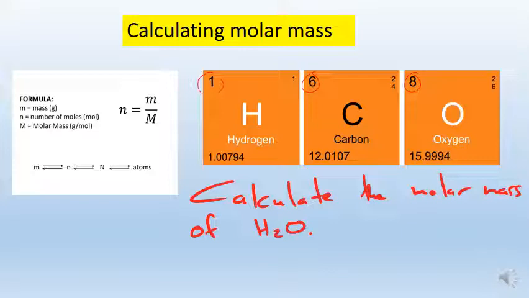The larger numbers at the bottom are nothing more than the atomic mass. So hydrogen has an atomic mass of roughly 1, carbon 12, and oxygen roughly 16. And you're thinking, why are these numbers not exactly 12.000 or 16.000? That is due to the existence of what we call isotopes.